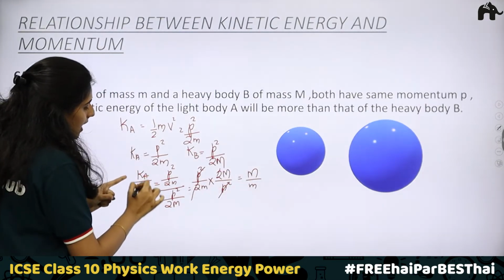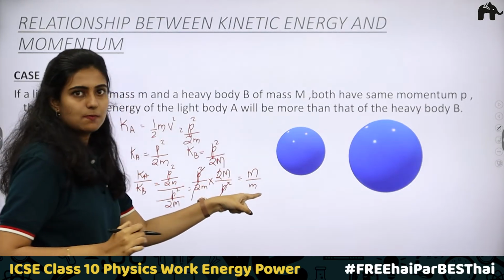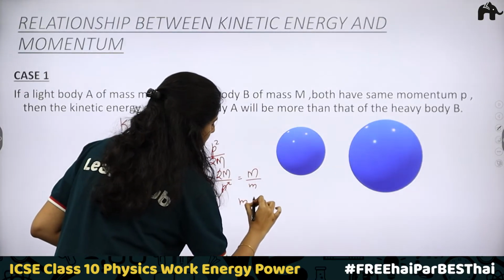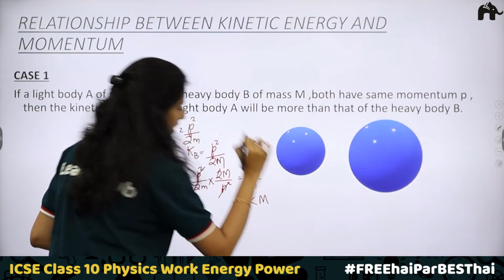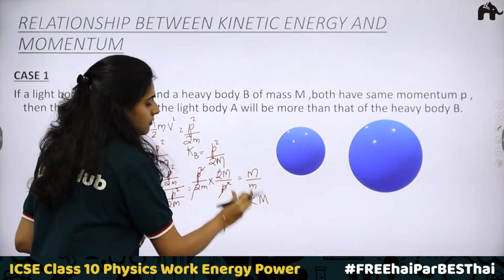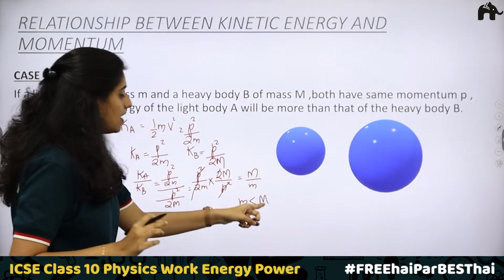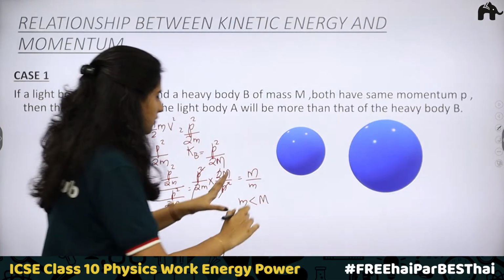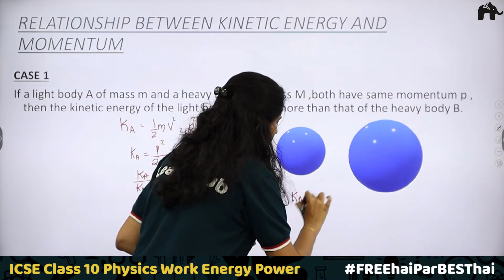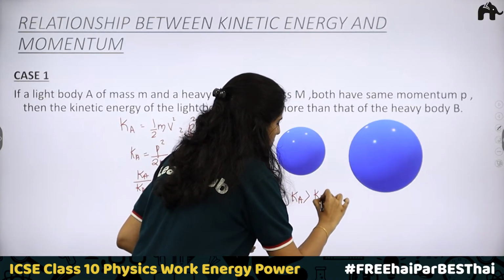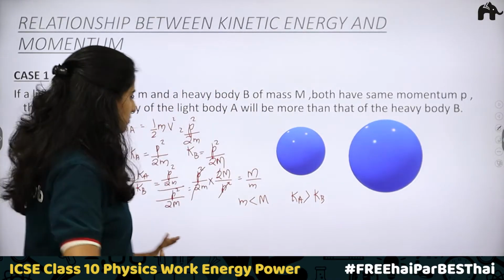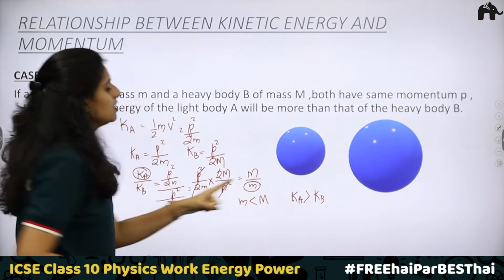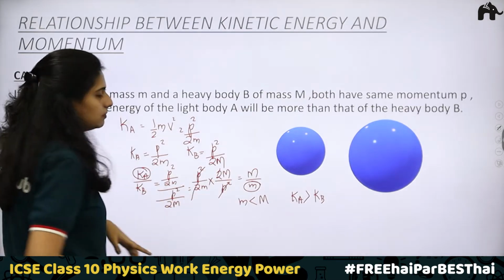Okay. Here Ka by Kb is capital M by small m, which means here we have m less than capital M. Mass of the first body is less than mass of the second body, and it is inversely proportional to kinetic energy. Therefore, kinetic energy will be greater for the first body, Ka greater than Kb. You can see here you have Ka, and in the denominator you have the mass of that body.